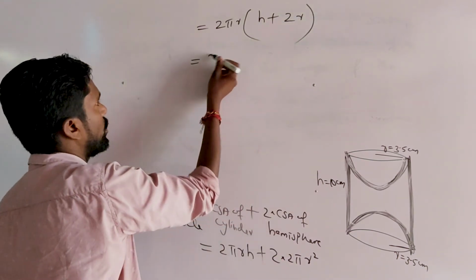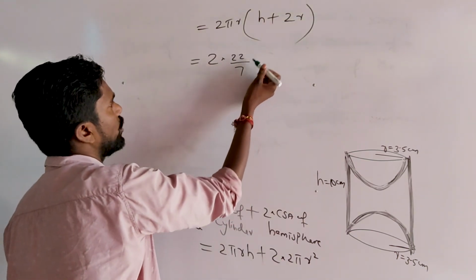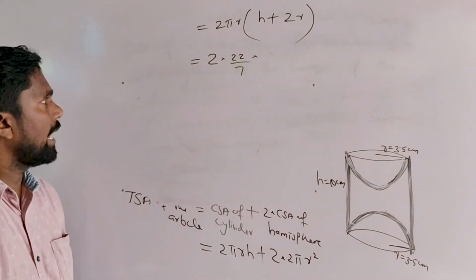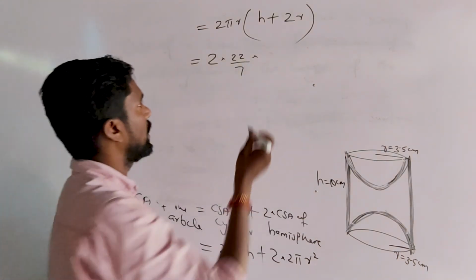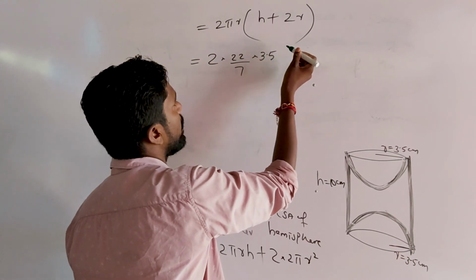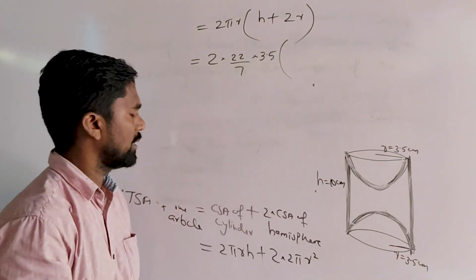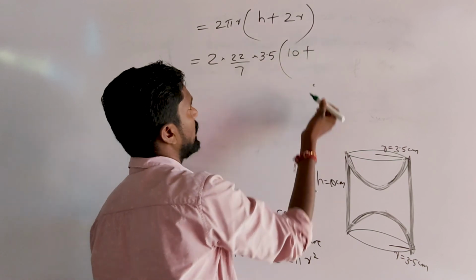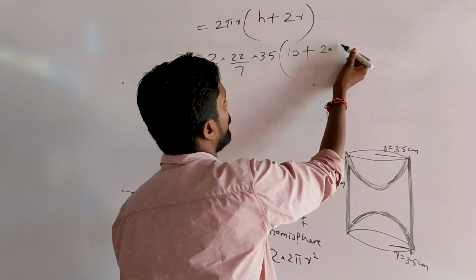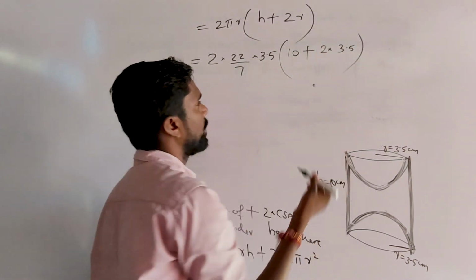That is equal to 2 into 22 by 7 into radius, which is given in the question as 3.5, into h 10 plus 2 into 3.5.